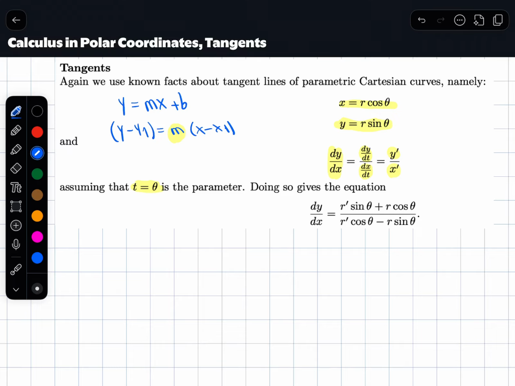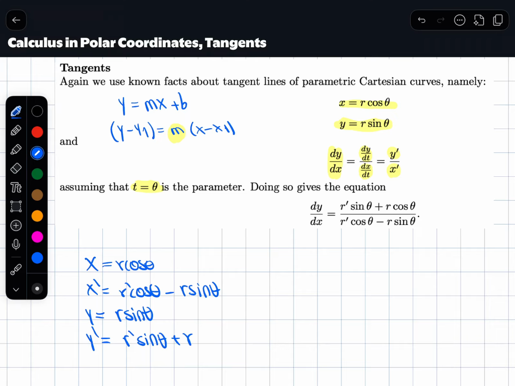So if that's what you have, then that means x prime will be r prime cosine theta, by product rule, r times negative sine theta. So I'm going to put a negative here, product rule, and then y being r sine theta, there's not going to be any negatives this time. R prime sine theta plus r cosine theta, by deriving the second.